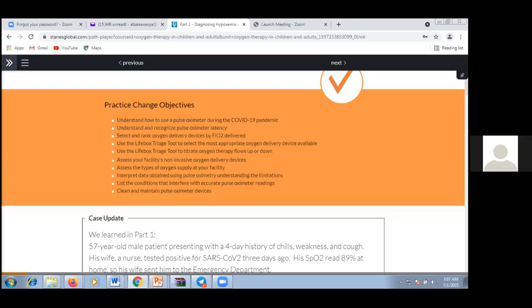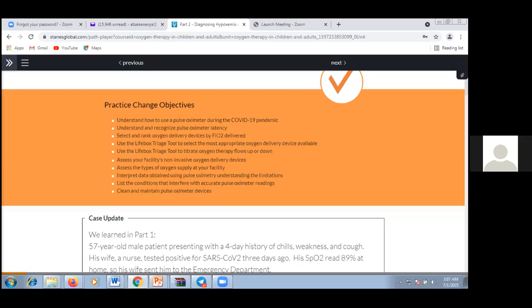As in the previous session, the objective is not just to know or recognize things, but we want you to go back and practice based on the knowledge change you have acquired from this session. You will be able to understand and recognize pulse oximetry latency at the end of this session.